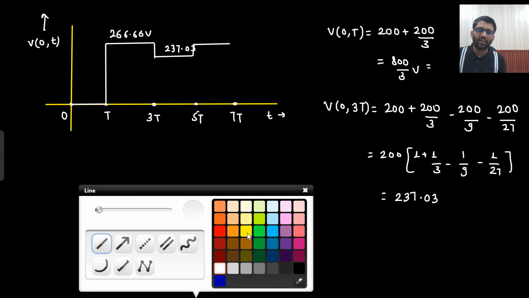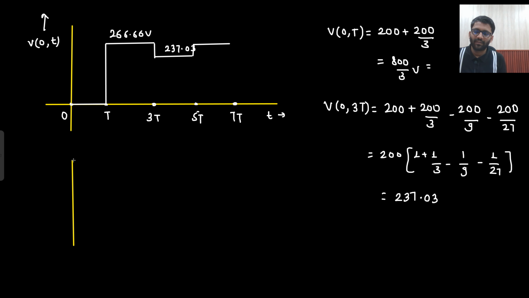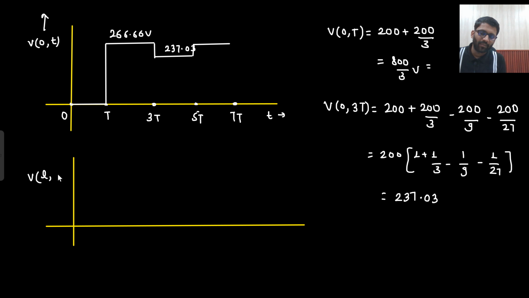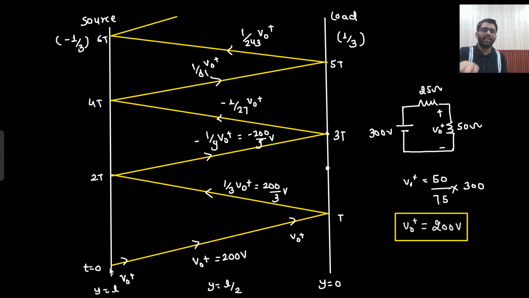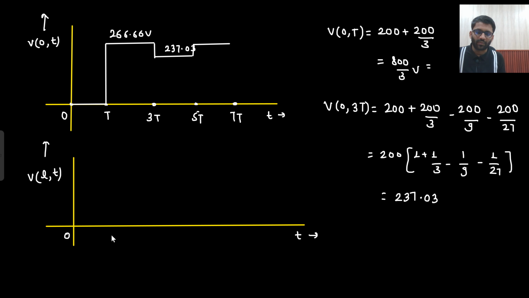Now I am drawing the voltage at length L with respect to time t. That means at the load end. Starting with V naught plus, then we will be getting 200 plus 200 by 3 minus 200 by 9.